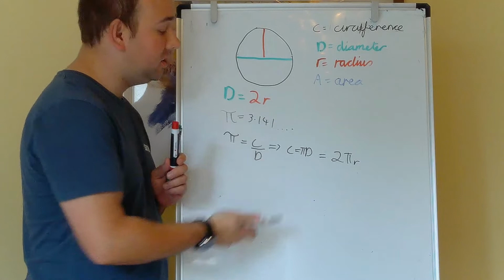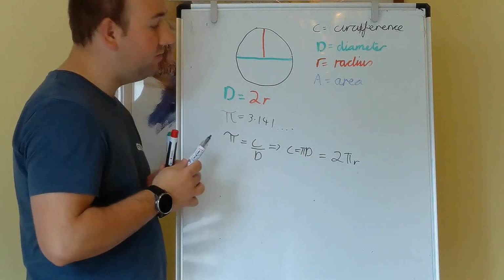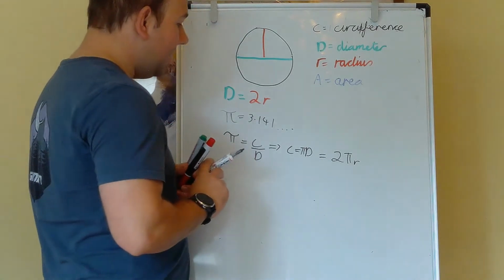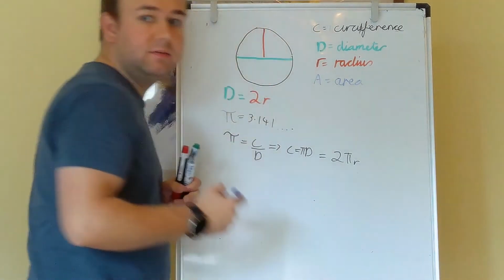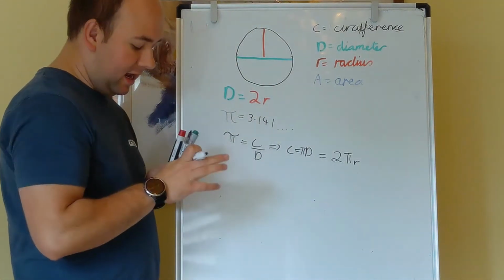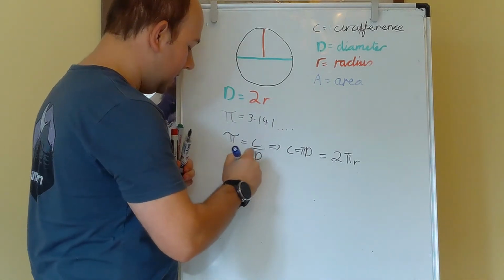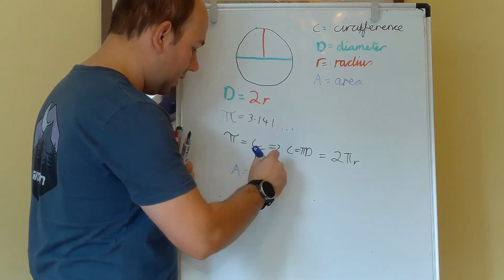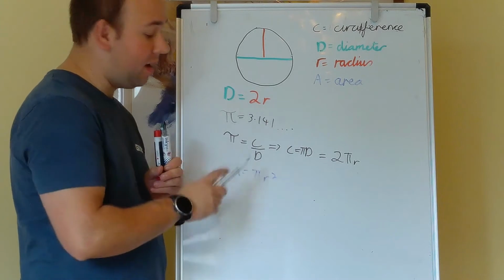Obviously, if you do know the radius, you should be able to know the diameter, and if you know the diameter, you should be able to calculate the radius as well. Now what we're going to look at is the area of the circle. In a high school situation, they tell you the area of the circle is equal to pi r squared, and they just tell you to memorise this.